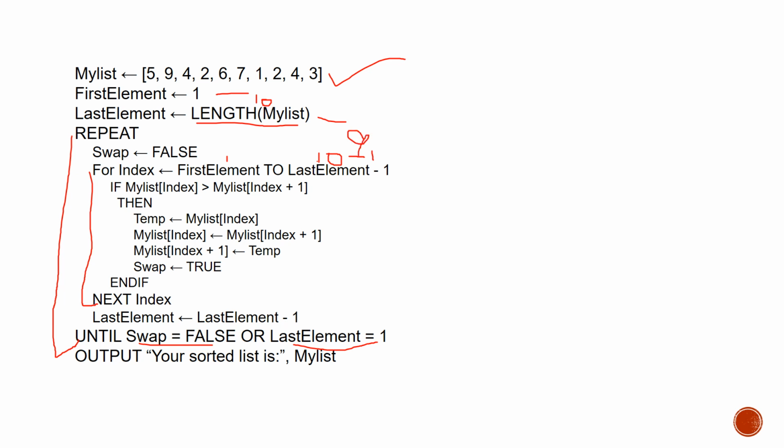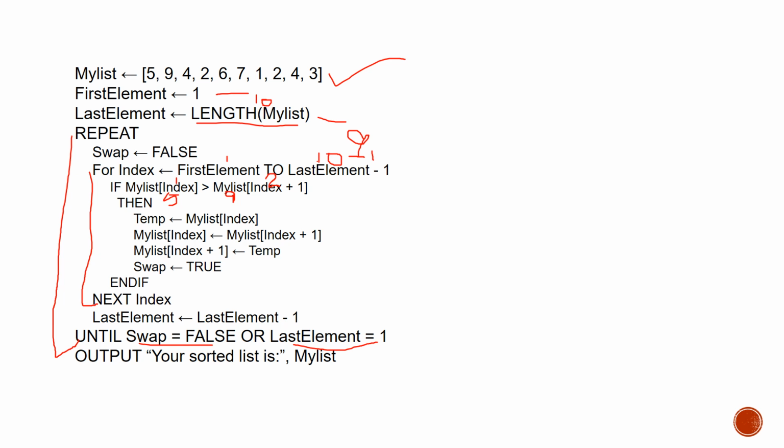So this loop will run 9 times, starting from 1 till 9, and we are comparing if my list index is 1 here, and if my list index plus 1, which means 2, and 1 is having 5, is greater than 9? It's not greater than 9, then we are going to the next index.